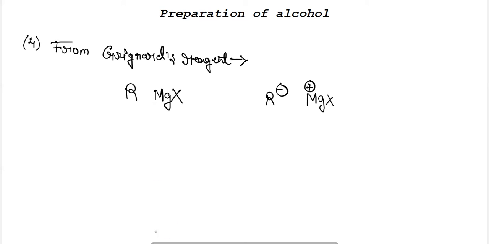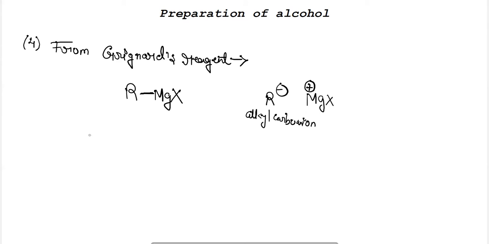Hence carbanion is formed, with the magnesium having the positive charge. So try to remember this always, that here an alkyl carbanion will be formed.